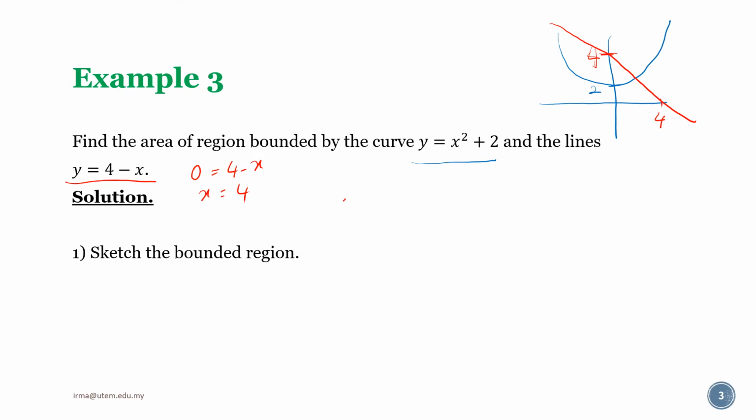We want to find the area bounded by the curve and the line, which means you have this line and also this curve. The intersection will be over here, so this will be the region.